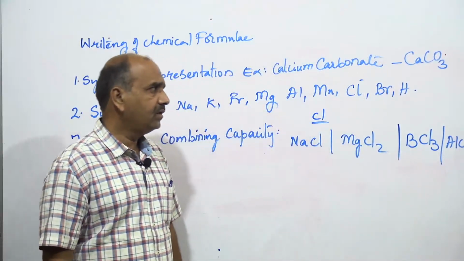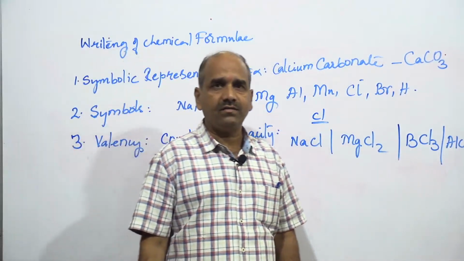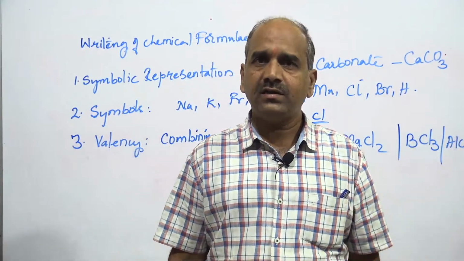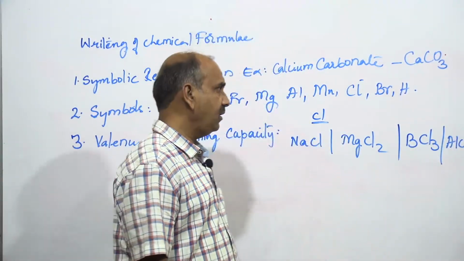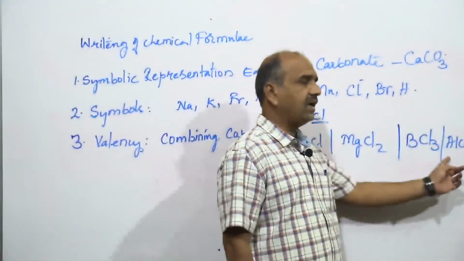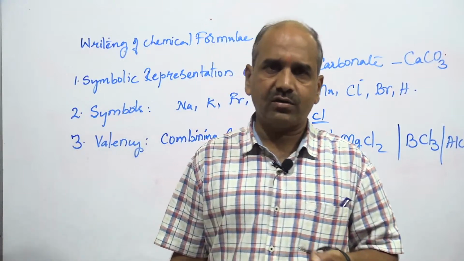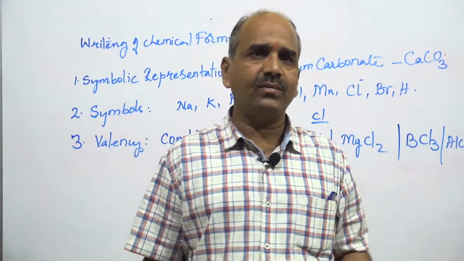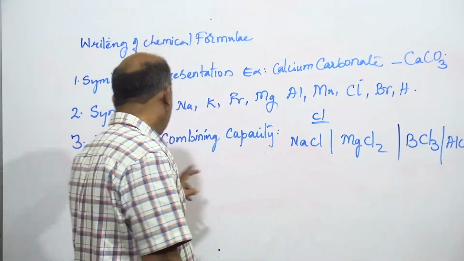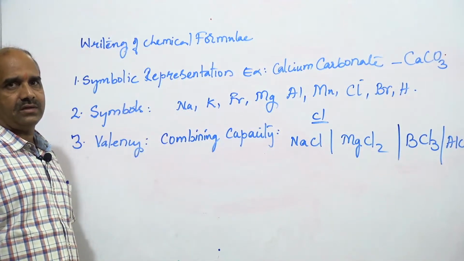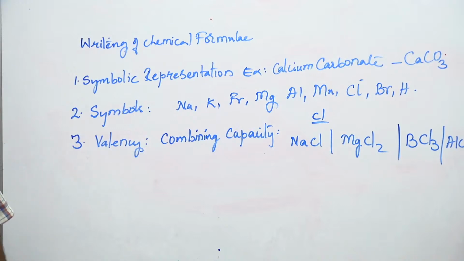Boron has valency 3, so its combining capacity is 3, and it requires 3 chlorines to bond. Aluminium also has 3 valence electrons, and to combine there and form the bond, AlCl3. So this is what valency is: it is the combining capacity.